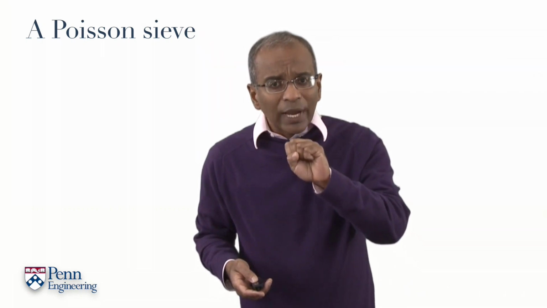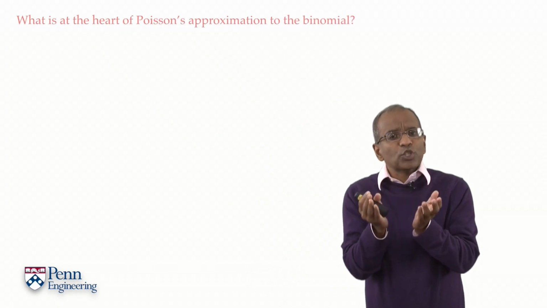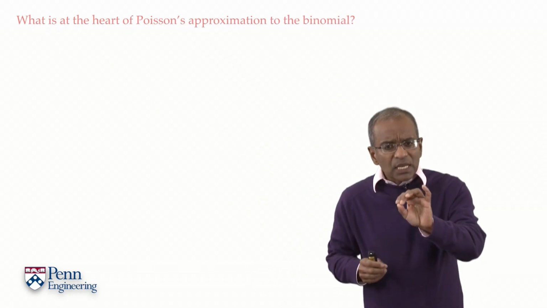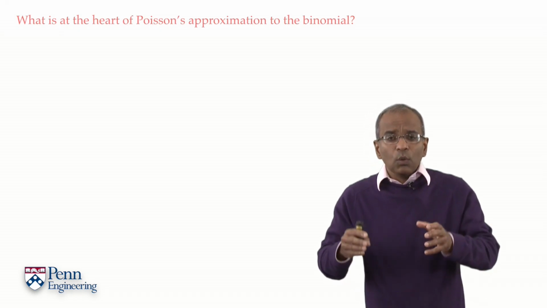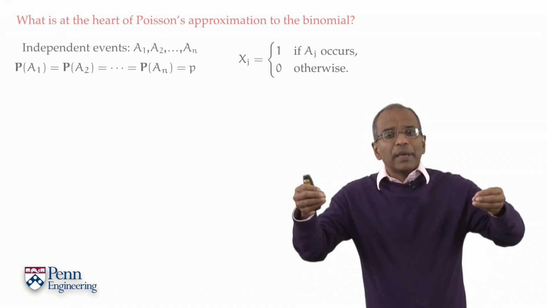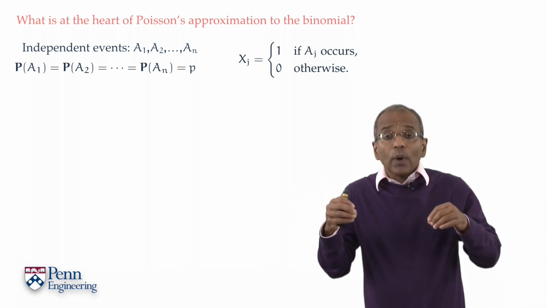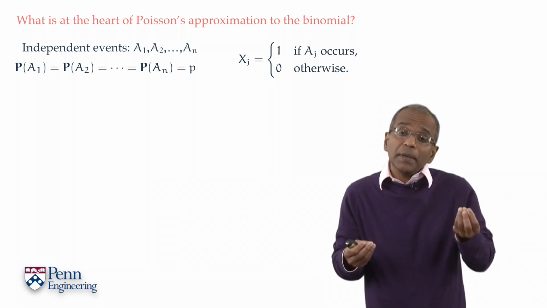To understand where this arises, we should go back and review what we had discovered in the case of the binomial. So the question now is, what is at the heart of this Poisson approximation for the binomial? Well, let's start with the simplest setting for inclusion and exclusion, where we have a collection of independent events, and where every event has the same probability, p.